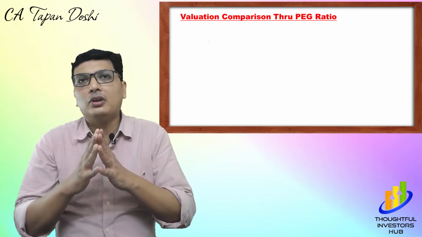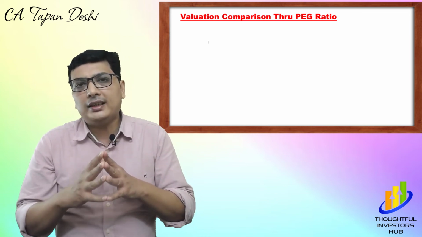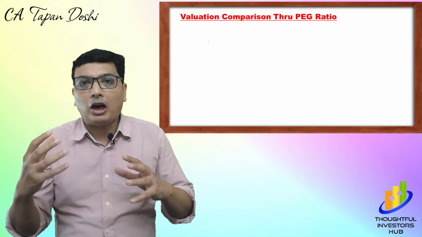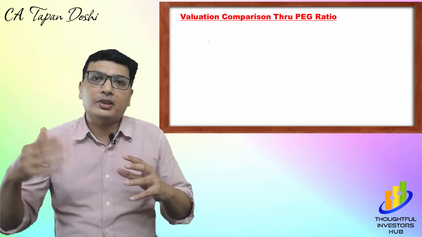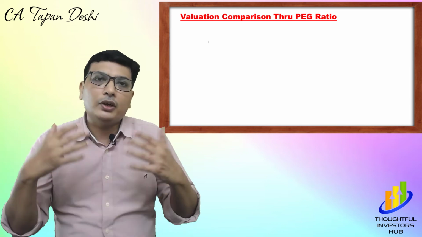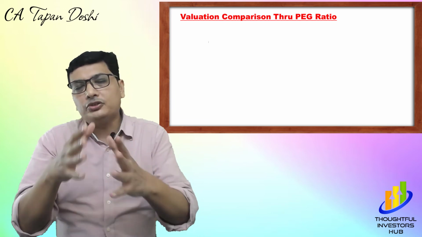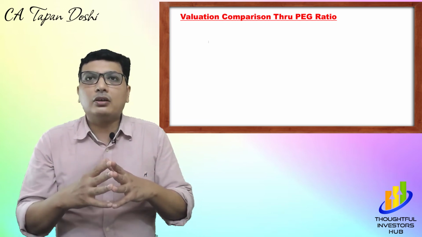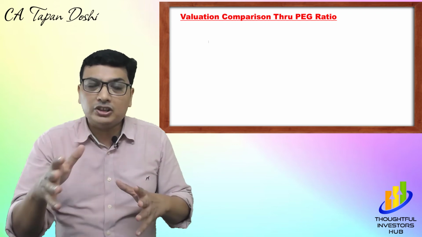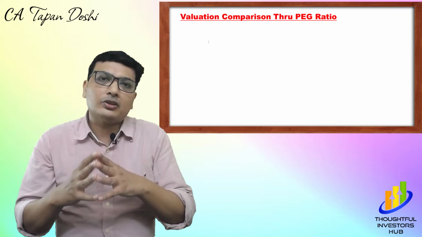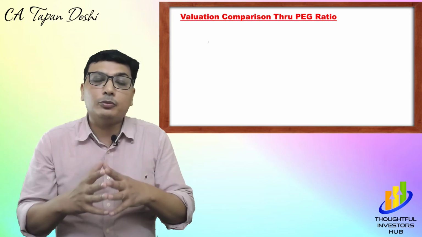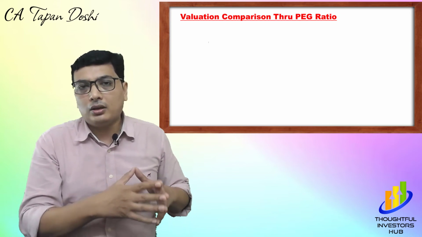The PEG ratio may be used whenever you don't know the growth prospects of two companies in future. If a particular stock's valuation is on a higher side, you can use this PEG ratio. Or if the company is loss making, you can use the PEG ratio, because the P/E ratio cannot be used for a loss making company.